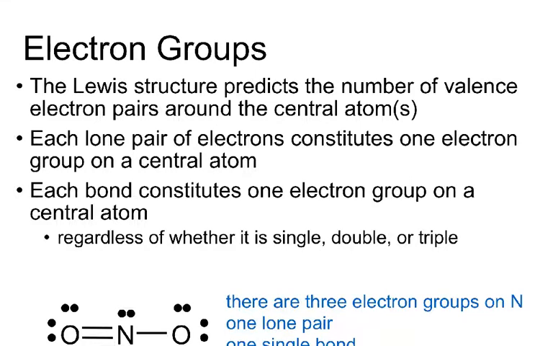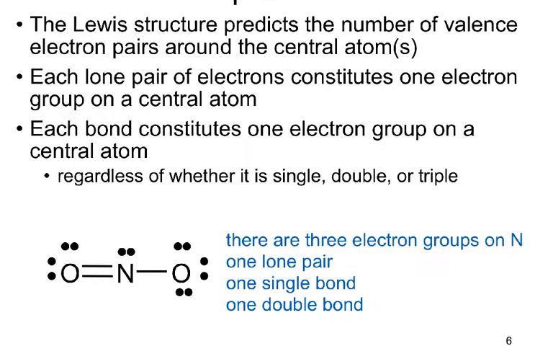Now, the Lewis structure that we can draw can tell us the number of valence electron pairs around the central atom. So when we're talking about electron groups, we are going to include a lone pair of electrons as one electron group, and another atom that the atom is bonded to is one electron group. So for instance, if we're looking at this nitrogen here, there's one lone pair and it's bound to 2 other atoms.